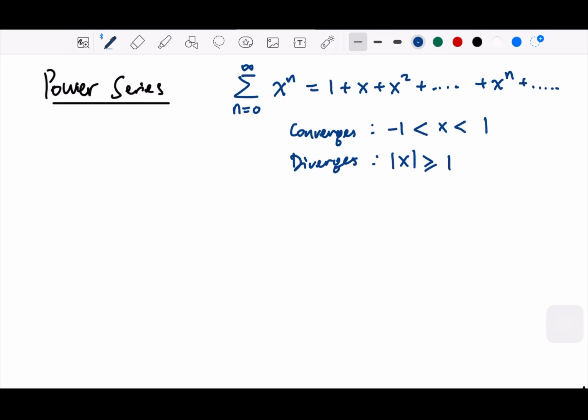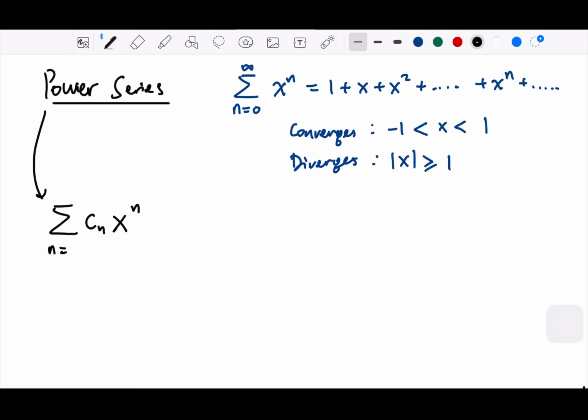So in power series, actually, what we are going to deal with is the term will have a sum of a constant cn and x to the n. This is what we call the power series in general.